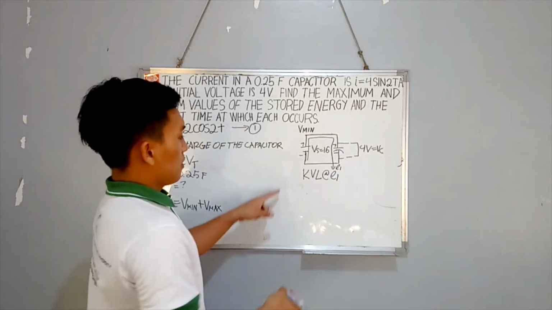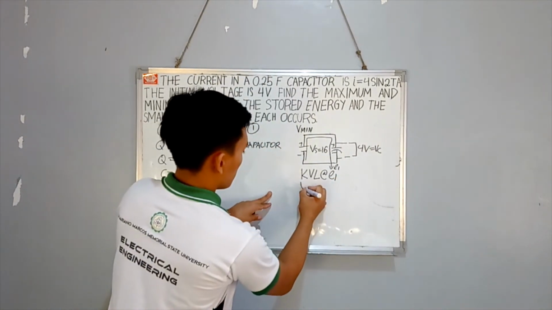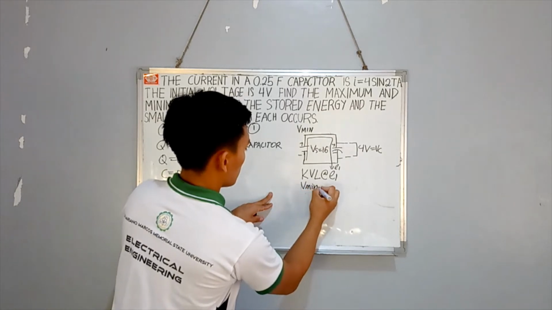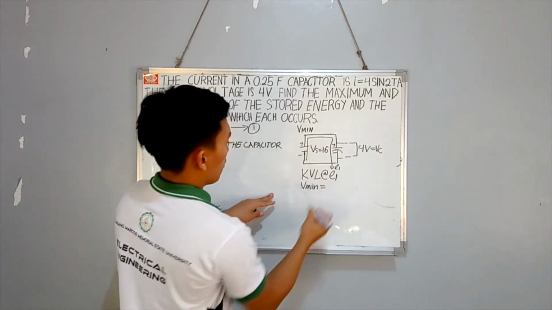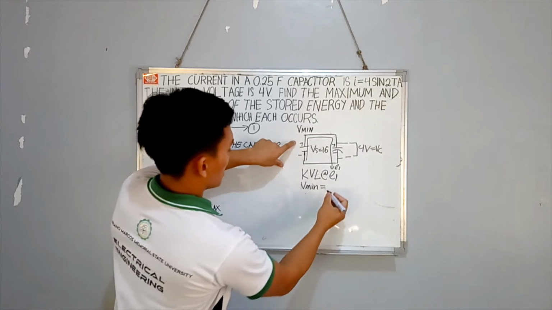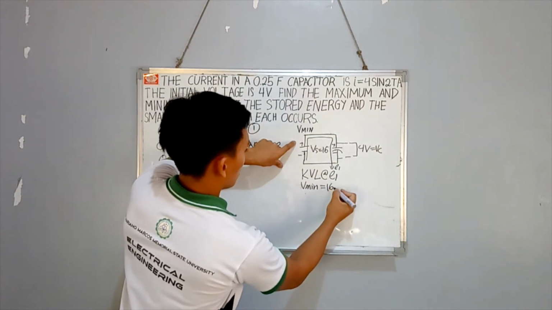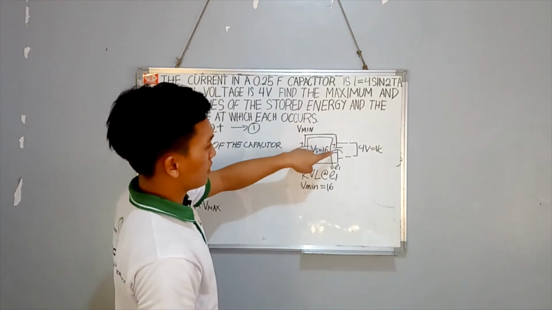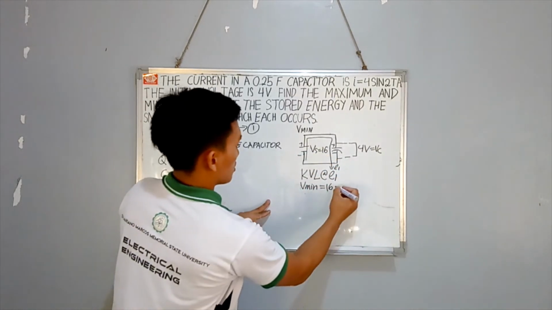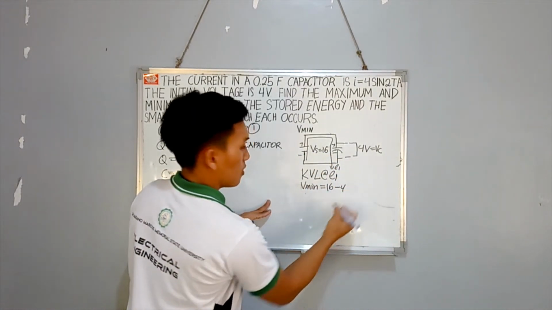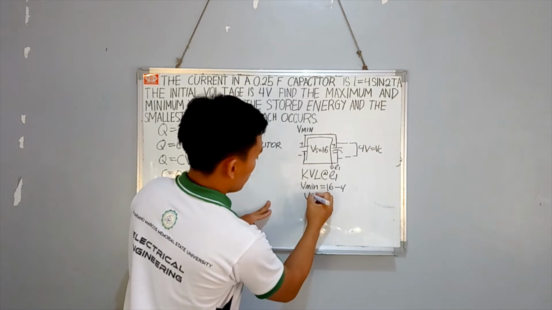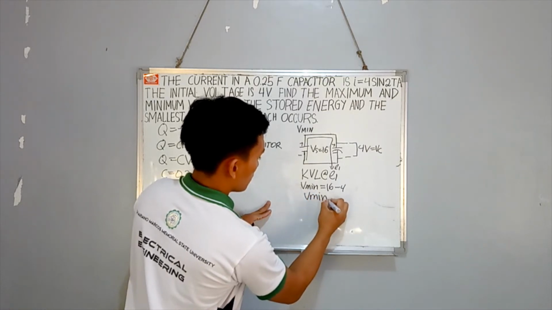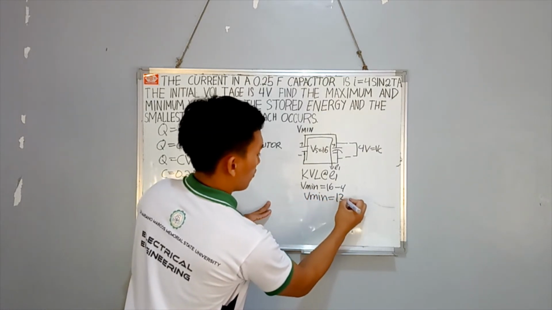And V minimum is equal to, from negative to positive, positive 16 volts, and from positive to negative, negative 4 volts. Where V minimum is equal to 12 volts.